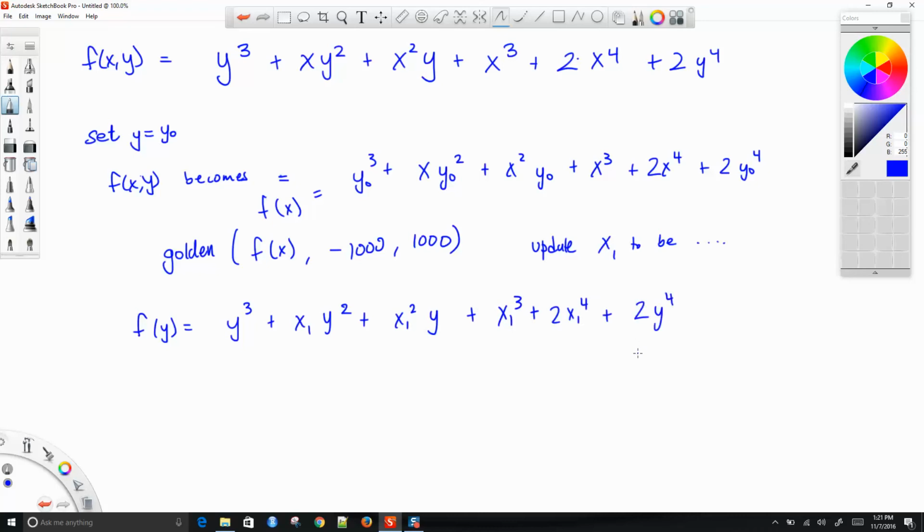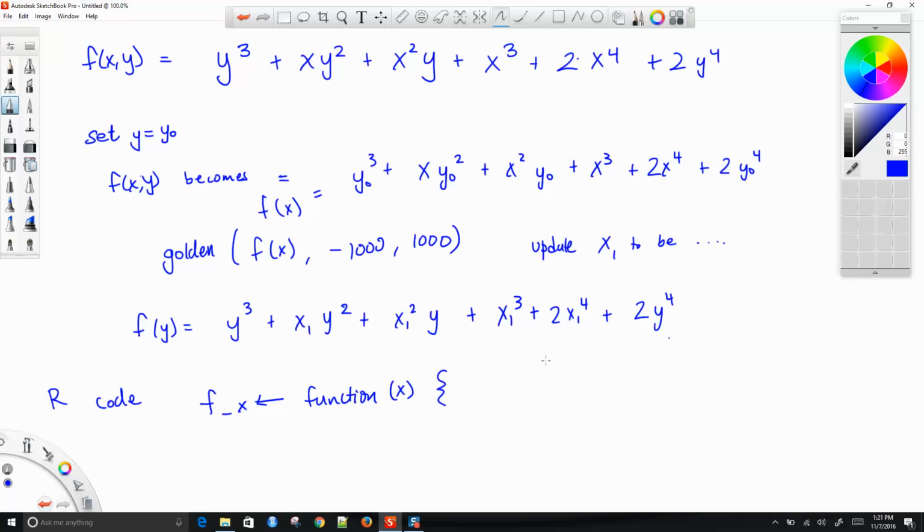Okay, so in our code, you're going to want to say f sub x is some function of x, and then basically you can probably just put all of this here.